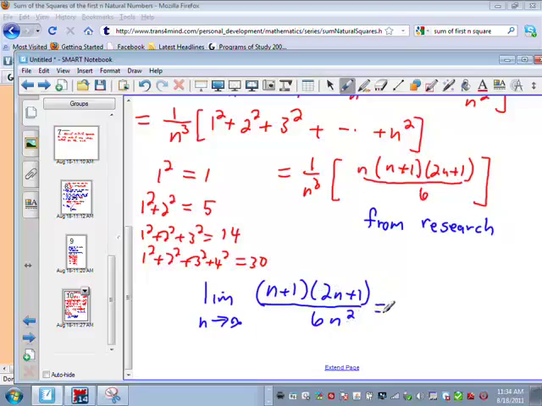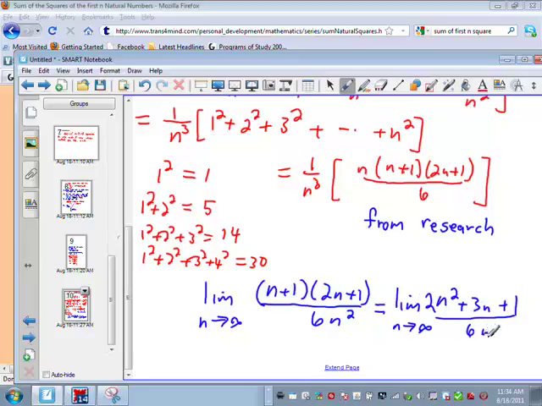So let's go ahead. I guess we need to work this out. This is the limit as n tends to infinity of 2n squared plus, is that 3n? Yeah, plus 1 all over 6n squared. And so now we're taking the limit of these two polynomials.